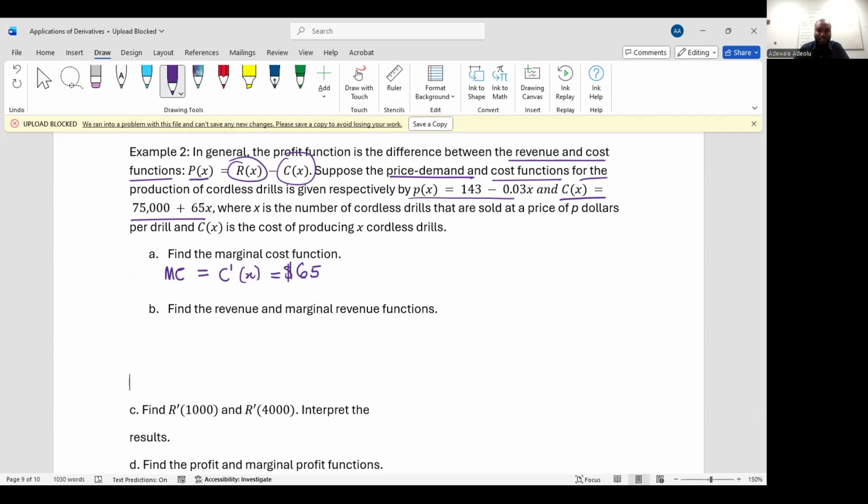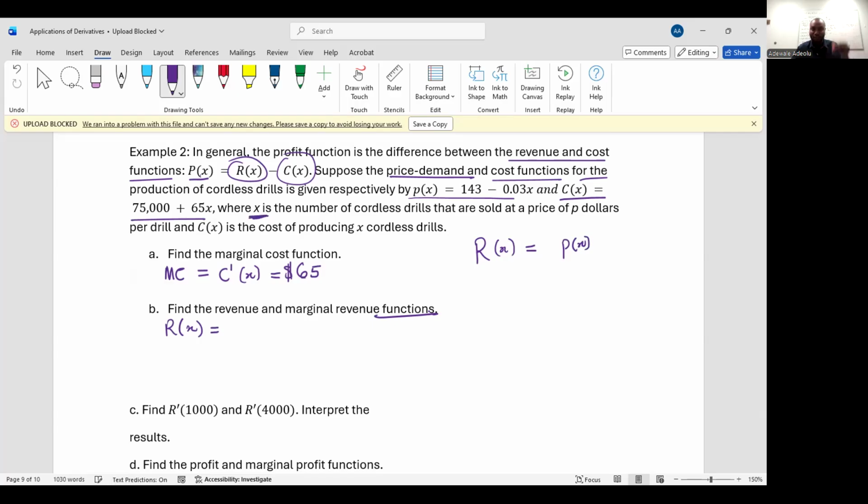Find the revenue and marginal revenue functions. Revenue function, R of X. Now we need to be careful with R of X. We don't know R of X, let us find it. R of X is the unit price multiplied by the number of items.